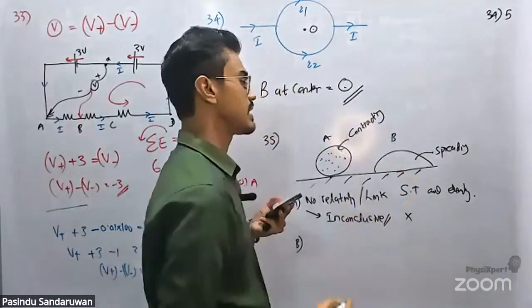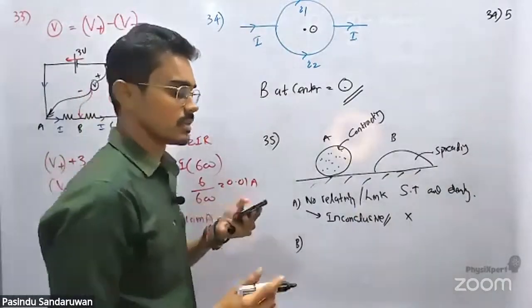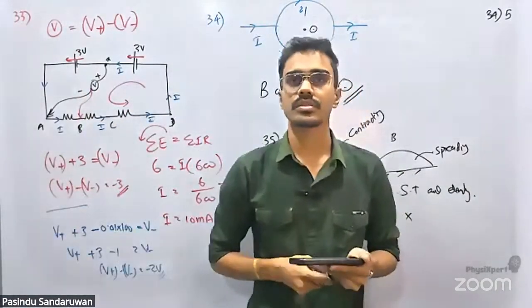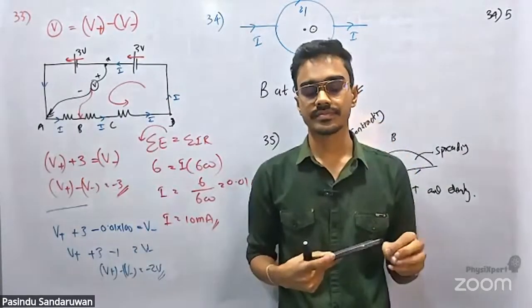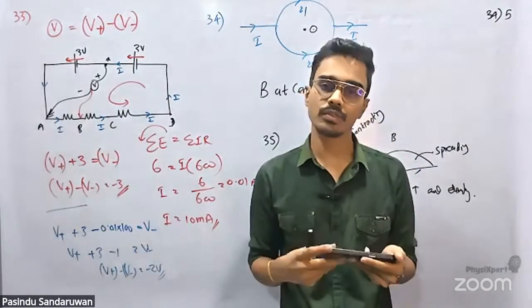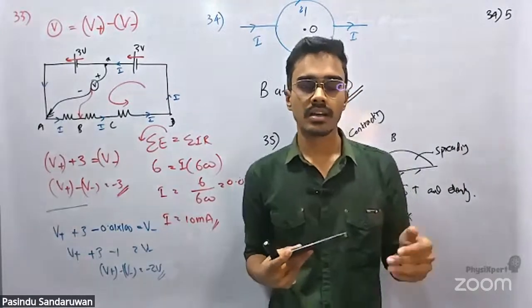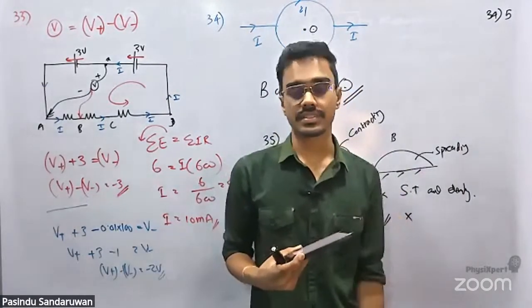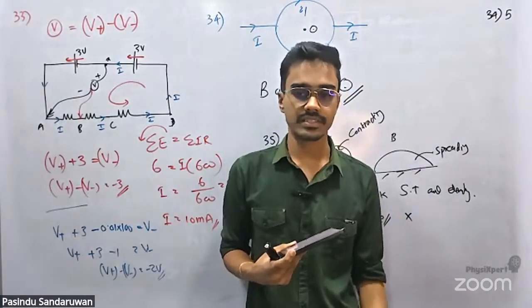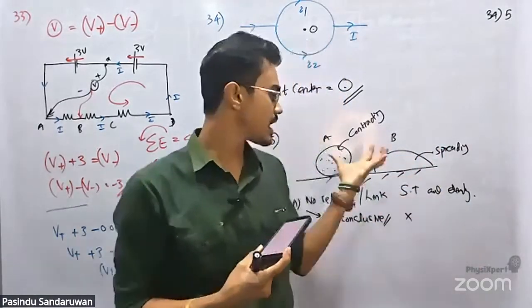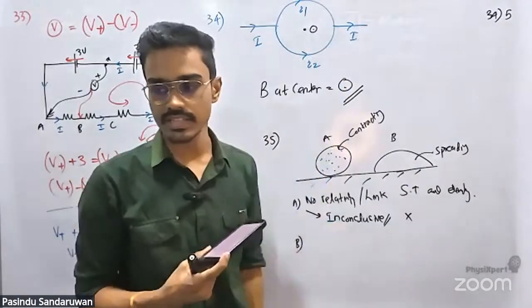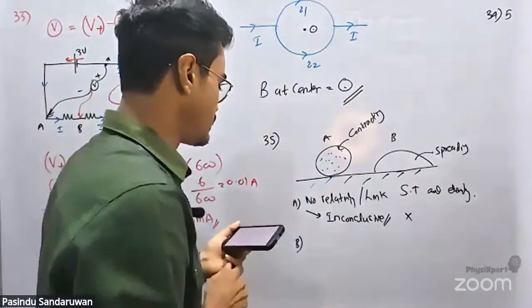Surface tension is due to intermolecular forces, which are intermolecular attractions. The higher the attraction, the higher the surface tension. Now here, this is a higher attraction, so higher surface tension. B is correct.